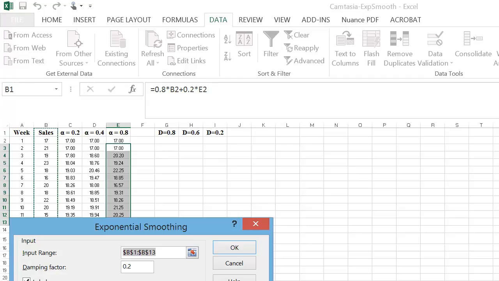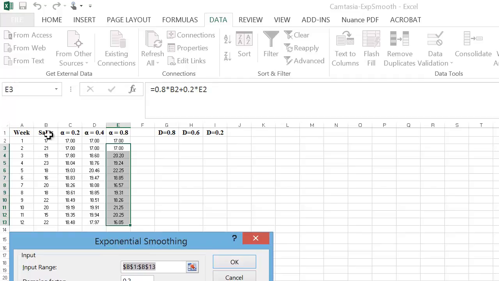You can see that the input range is specified as column B. And to reproduce alpha equal to 0.2, this is the little idiosyncrasy you'll have to be aware of. In Excel, in order to reproduce the column corresponding to alpha equal to 0.2, I would have to put in a damping factor of 0.8. So what Excel calls the damping factor of 0.8 corresponds to our alpha equal to 0.2.